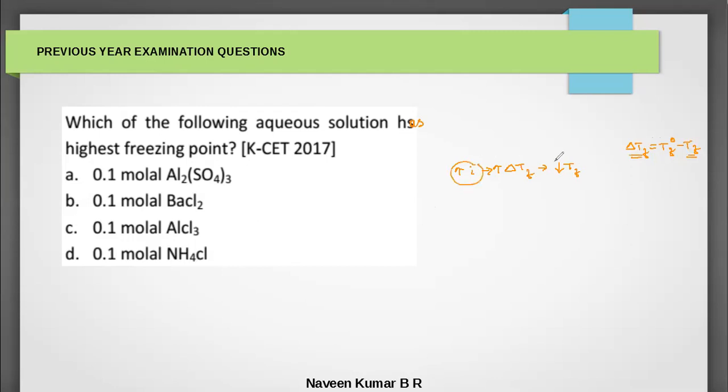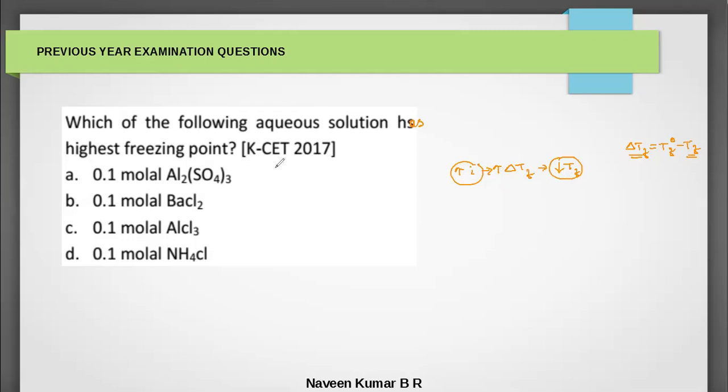So with the Van 't Hoff factor, if we relate it to the freezing point of the solution, the higher the value of i, the lower will be the freezing point. In the previous case, for boiling point, the higher the value of i, the higher will be the boiling point of the solution. Now we'll calculate i. The option with the lesser value of i will have the highest freezing point.